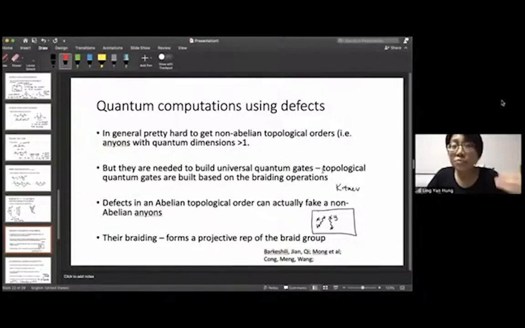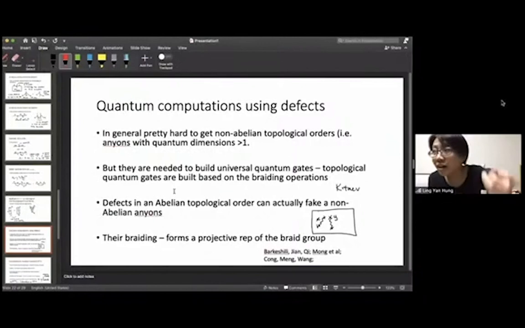But in general, practically, it's very difficult to have non-abelian topological order realized in experiments. And therefore, it's just much easier if I can start with an abelian theory and I consider non-trivial interfaces and non-trivial edge excitations.